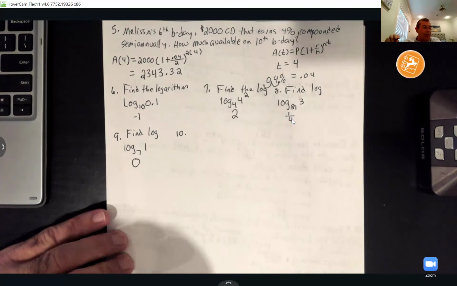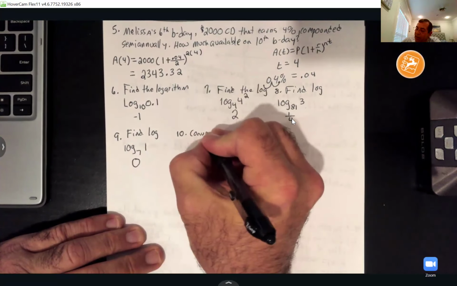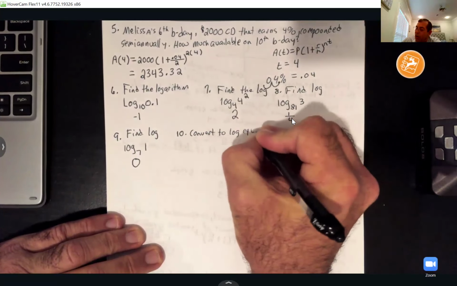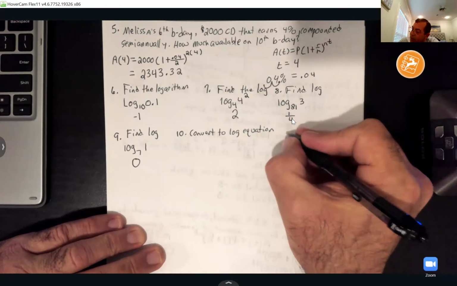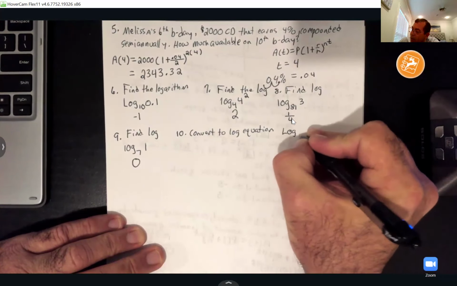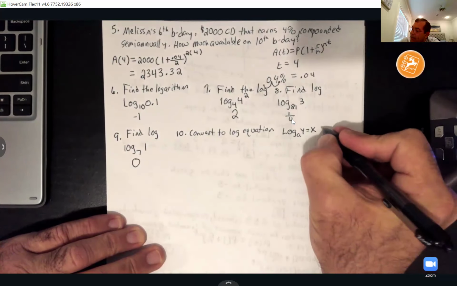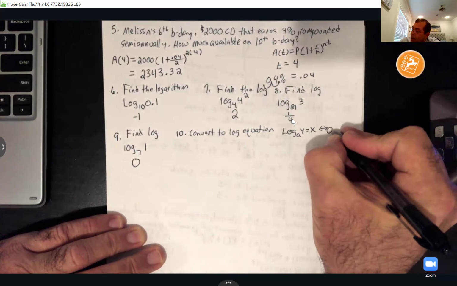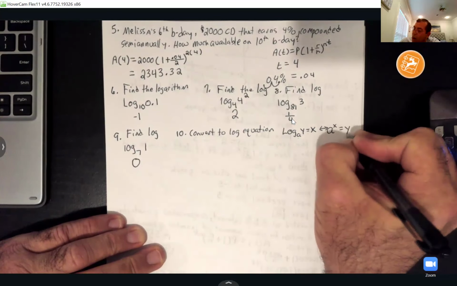All right, now look here at 10. They want us to convert to a log equation. Now remember, this is the stuff where I had log a of y equals x if and only if a to the x equals y.